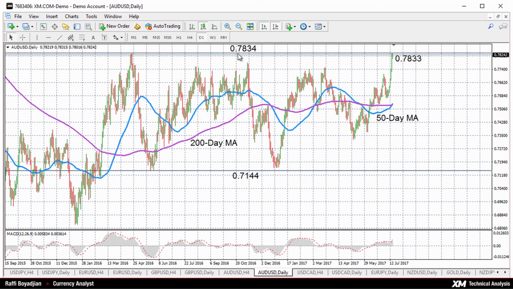At the top of the range, we've got the 0.7834 level, while at the bottom of the range is the 0.7144 level, and we can see that resistance came just below that level. Prices do need to break above this key level of 0.7834 before we can say that the pair has managed to break above its long-term neutral range.